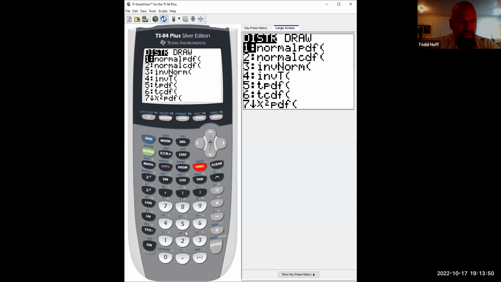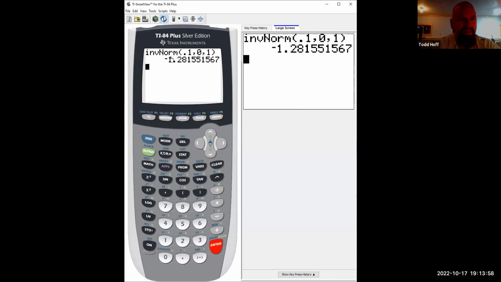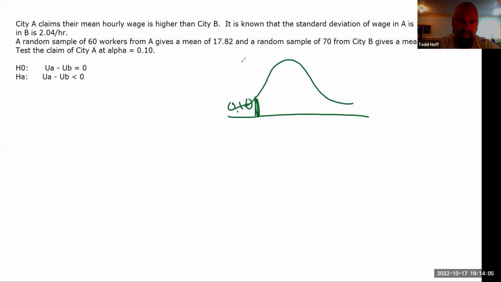Second distribution, inverse normal, 0.1, mean of 0, standard deviation of 1. We're just looking for a standard normal statistic here. We get negative 1.282. So z critical here is negative 1.282.